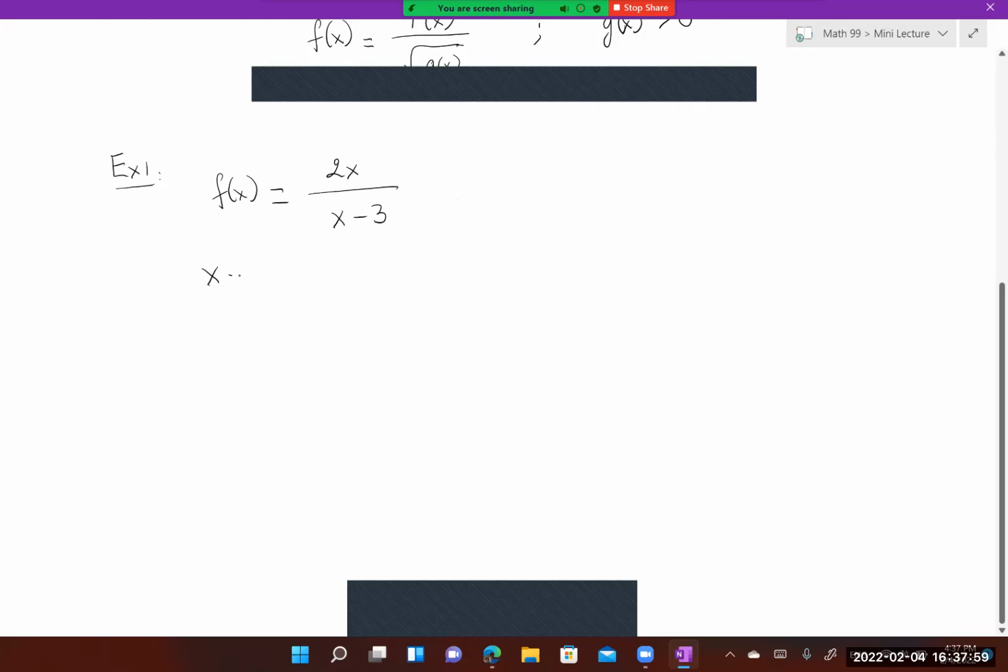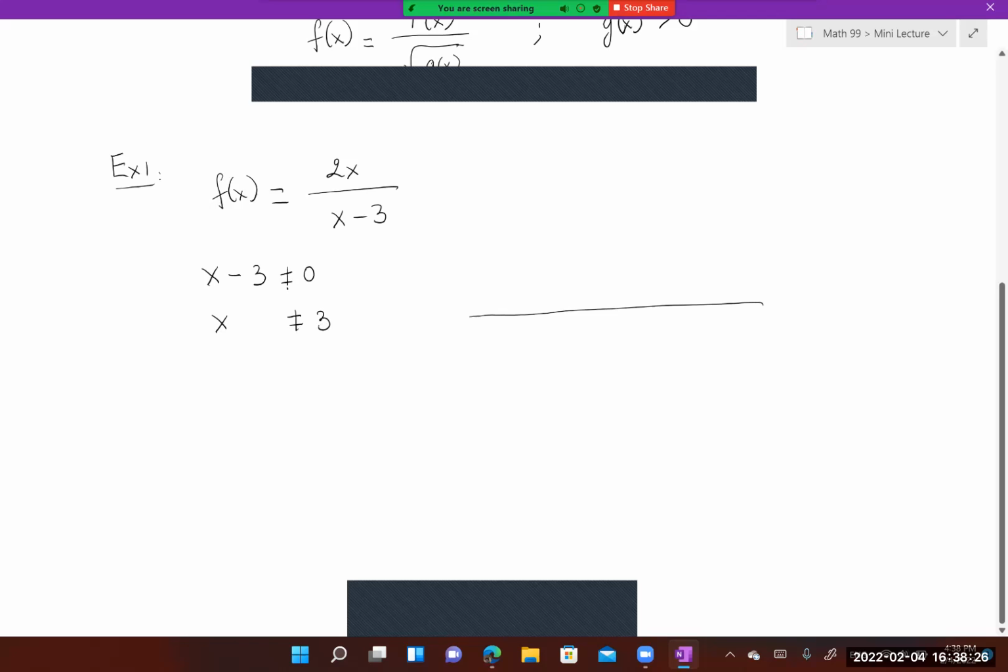So we set the denominator not equal to 0 and solve for x. This gives us x cannot be 3. So the domain of this function is all the real numbers but 3.